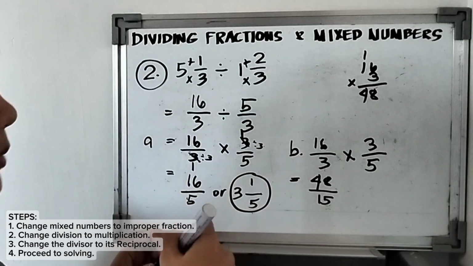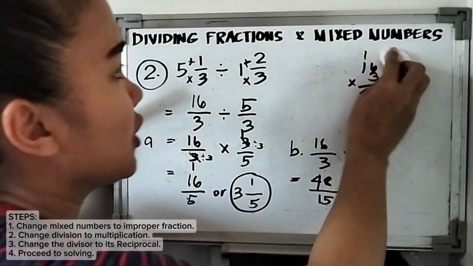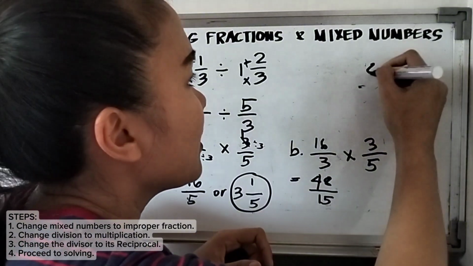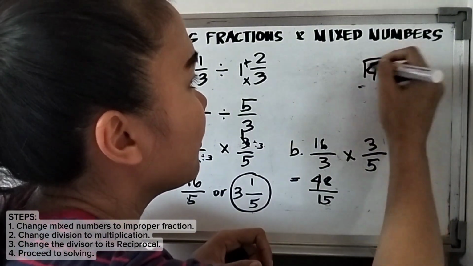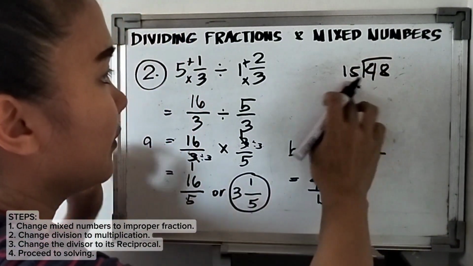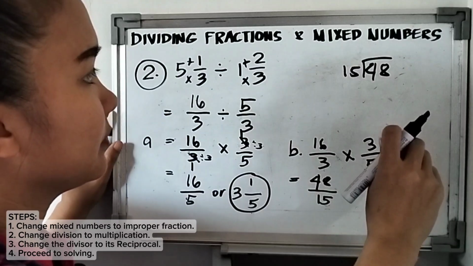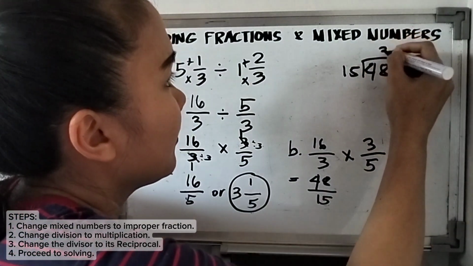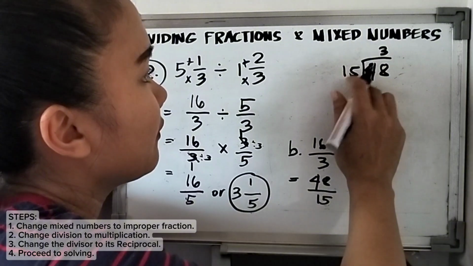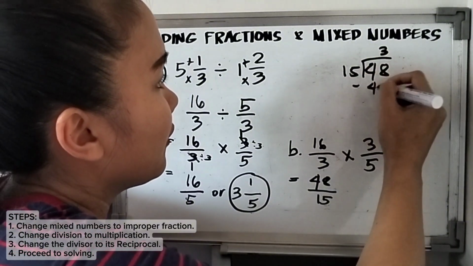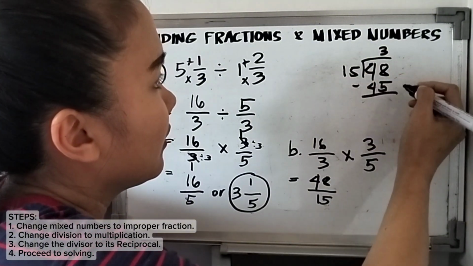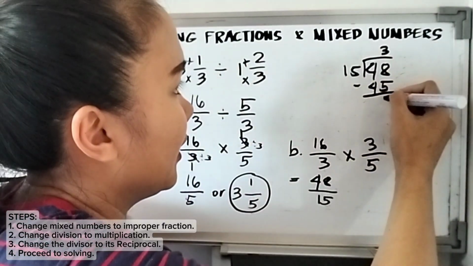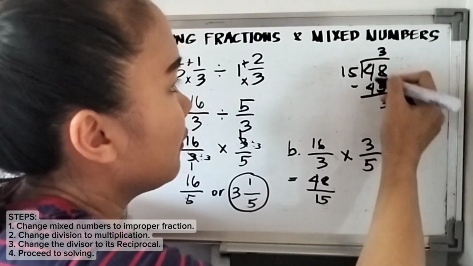Since it's an improper fraction, we will change it to a mixed number. 48 over 15 also means 48 divided by 15. What number? We have 3. 3 times 15 equals 45. 48 minus 45 equals 3.